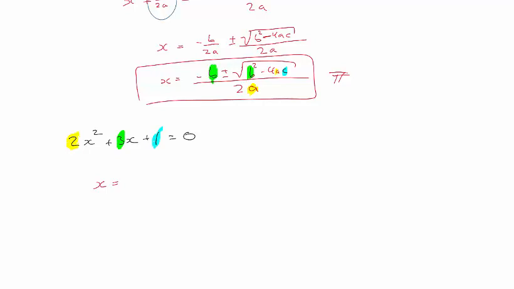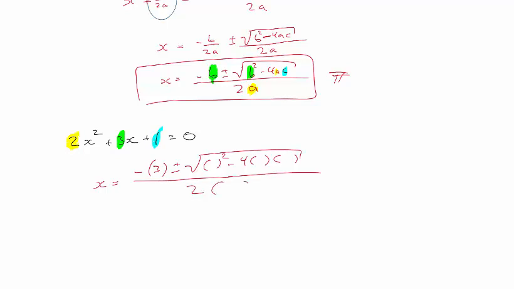Alright, so x equals, we'll go ahead and put everything, negative b plus or minus the square root of b squared minus 4ac divided by 2a. So the number goes here and here. Green is here.